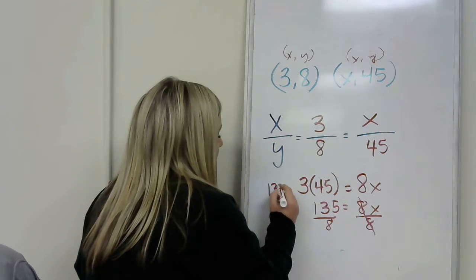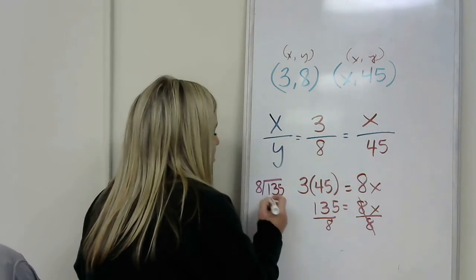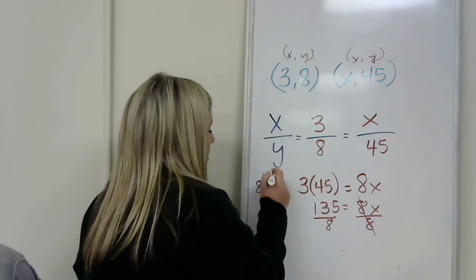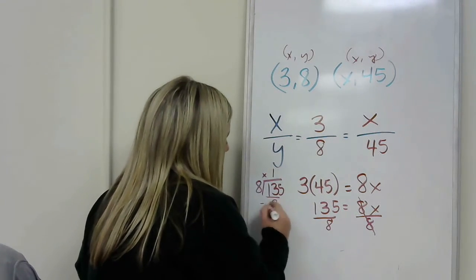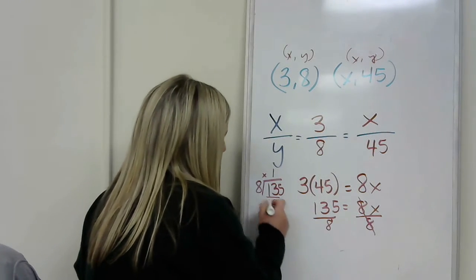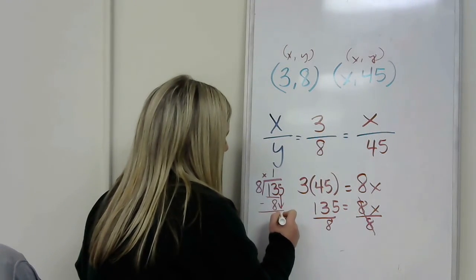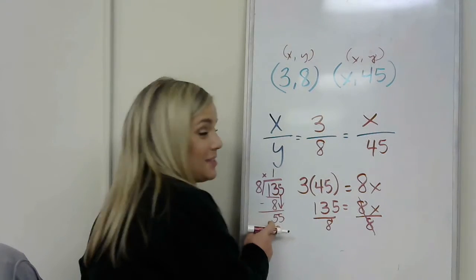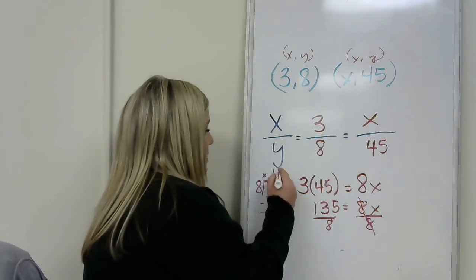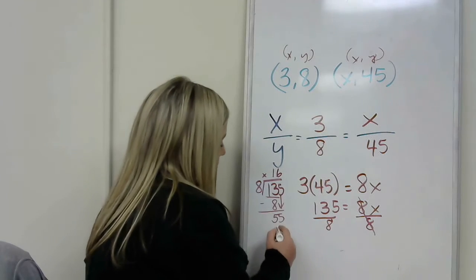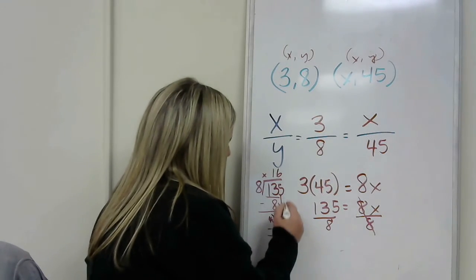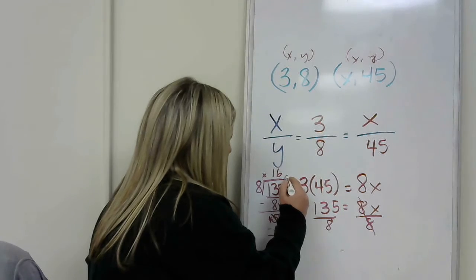So 135 divided by 8. All right, so 8 will go into 13 one time. Okay, 1 times 8 is 8, and 13 minus 8 is 5. 8 won't go into 5, so I'm going to bring down this 5. 8 will go into 55 6 times because 8 times 7 is 56. That'll be too big. So 6 times 8 is 48. Okay. I'm going to put a decimal here.